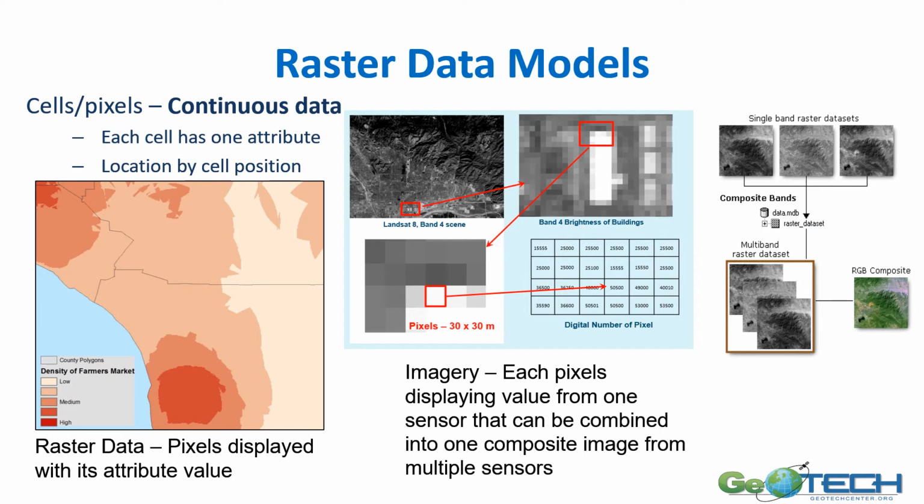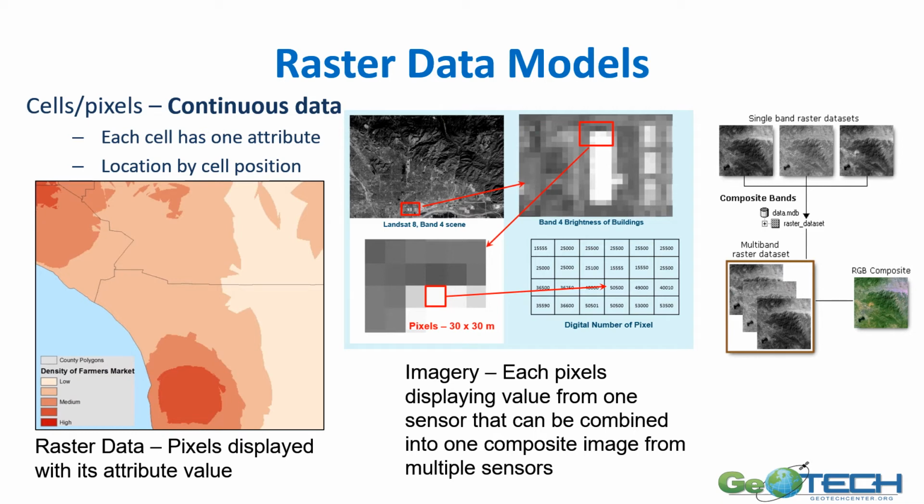Raster data models are quite different than vector ones. Instead of having separate entities with points, lines, and polygons, it uses cells or pixels, and it's usually a continuous data surface. The cells contain one attribute about a specific type of attribution, and each cell's position tells its location.